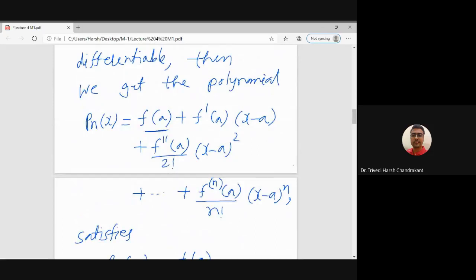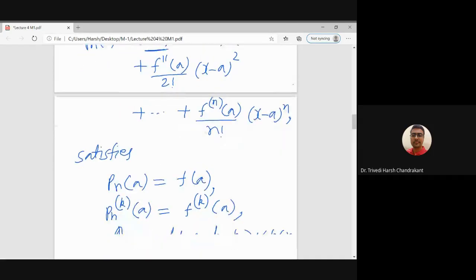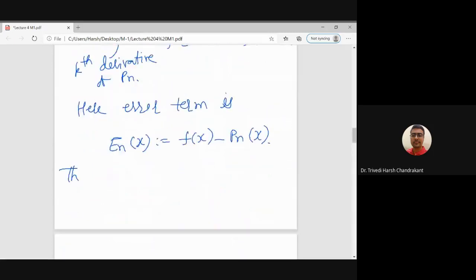This polynomial Pn(x) is known as Taylor's polynomial. And what is Taylor's theorem? Taylor's theorem is an extension of the mean value theorem for the nth derivative.